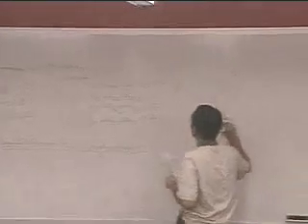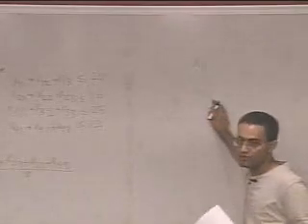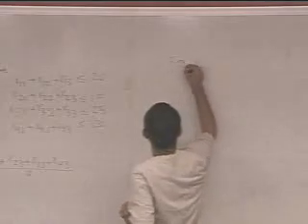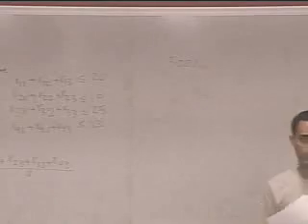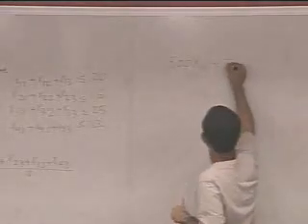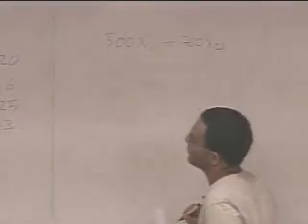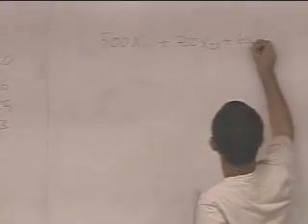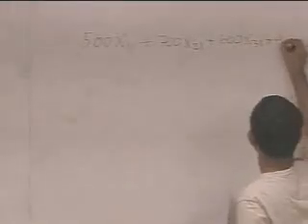X11, the amount of cargo 1 that we put in the first compartment. Multiply it by 500. This would give you the volume of the first cargo that you are putting in the first compartment. Adding this to the volume of the second cargo that you are putting in the first compartment, and then the third cargo, and then finally the fourth cargo.